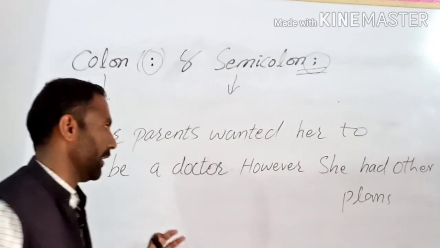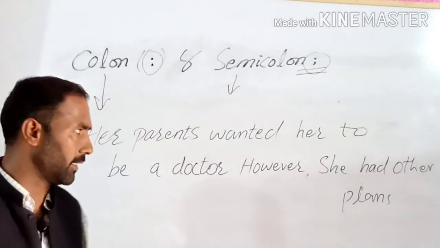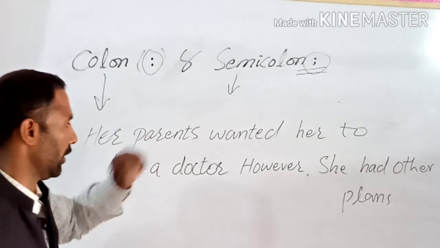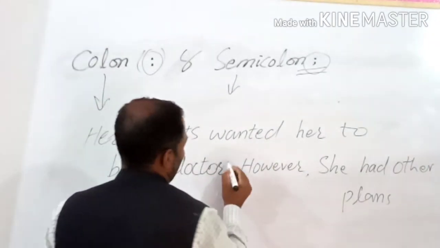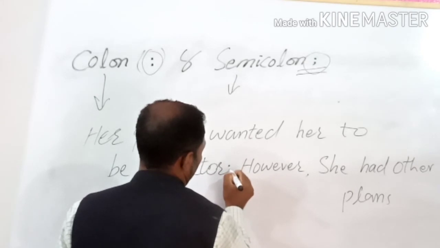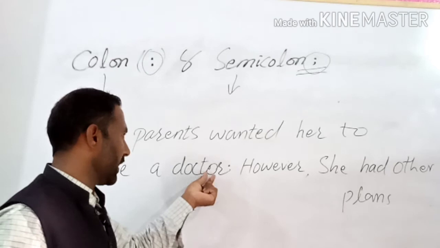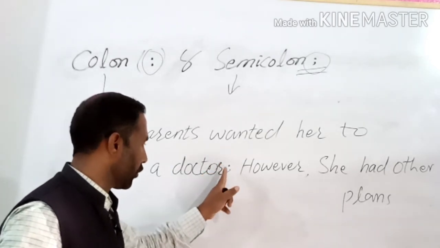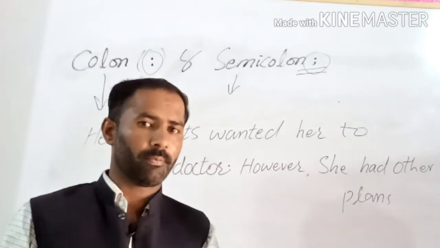We can connect these two sentences by using a semicolon. Here we use the semicolon, but we don't leave a space before it. After this we leave a space.